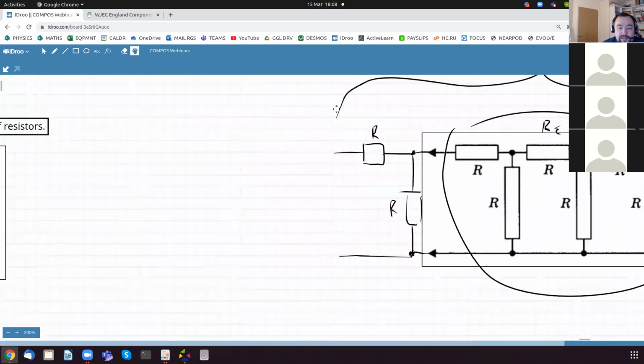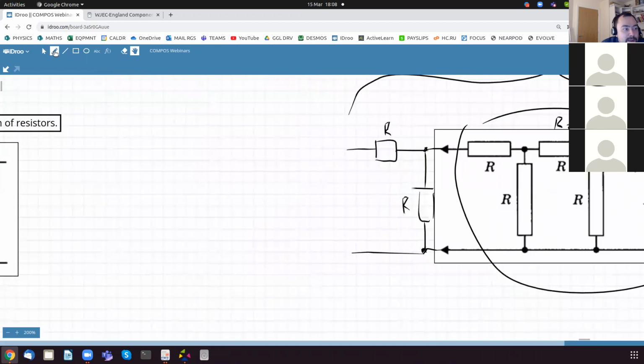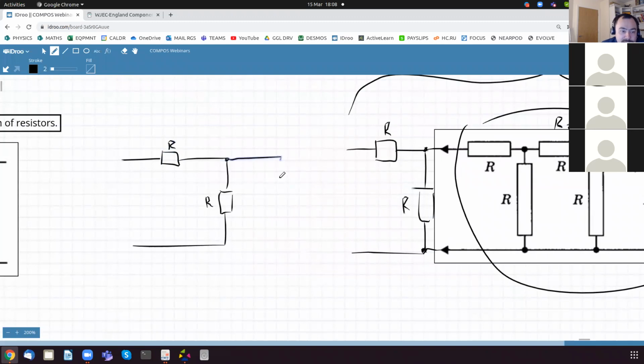Okay, so let's simplify this diagram. We have a resistor R, we have another resistor R, and we have the infinite chain, which has resistance R sigma. You can see the infinite chain is connected here in parallel to the R resistor.